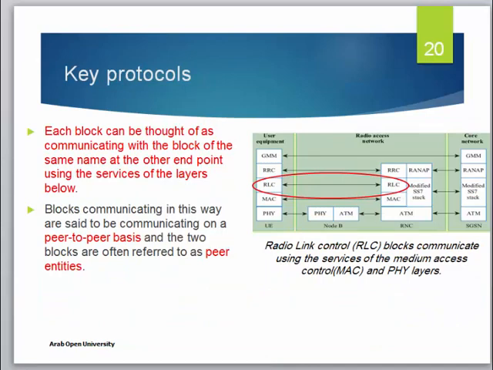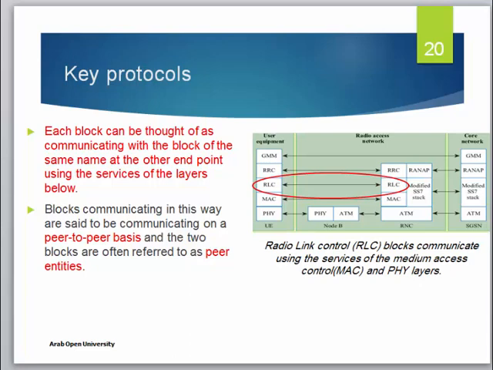From this diagram, we can tell that each block can be thought of as communicating with the block of the same name at the other endpoint, using the services of the layers below. For example, the radio link control, RLC, blocks communicate using the services of the medium access control, the MAC, and the PHY layers.